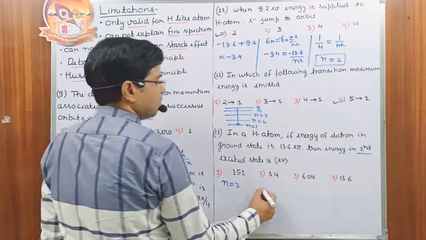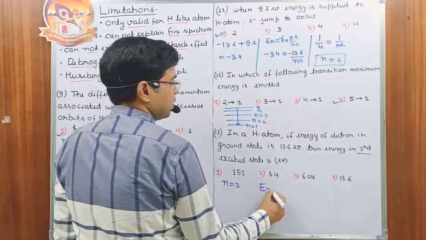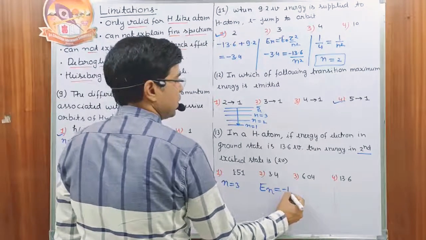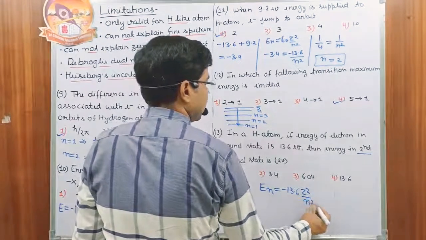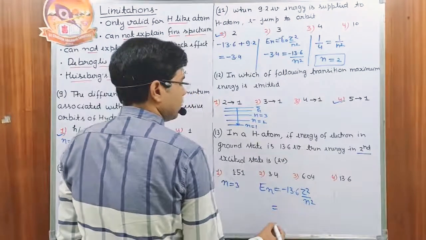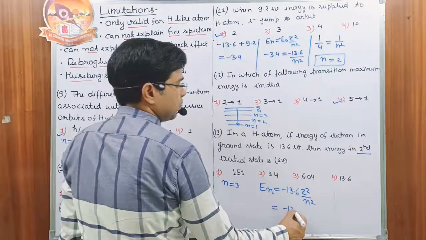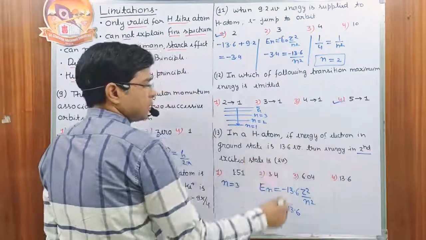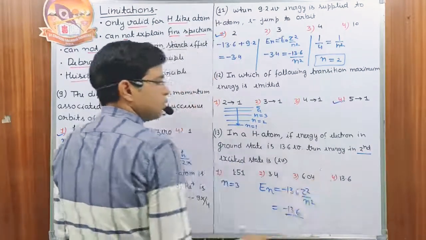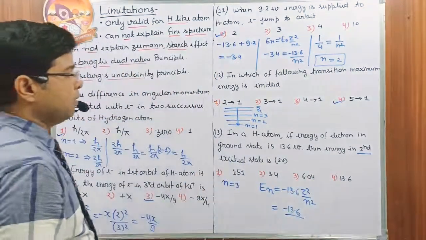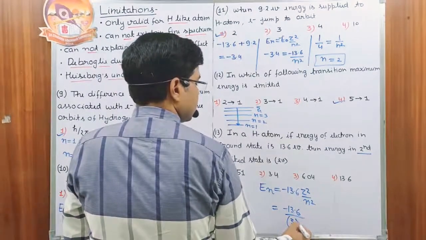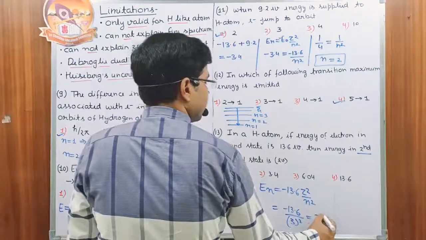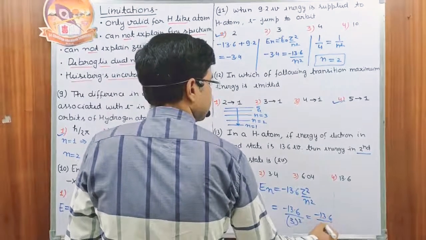Now what is the formula we have? E in the nth shell is equal to minus 13.6 z square upon n square. Then we have minus 13.6, it is the hydrogen atom, so the value of z is 1, divided by 3 square since the electron is present in the third shell. So we have minus 13.6 divided by 9.